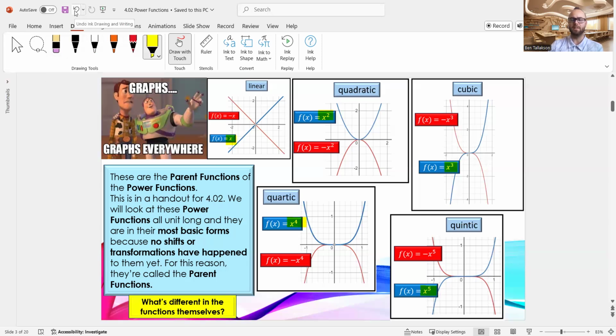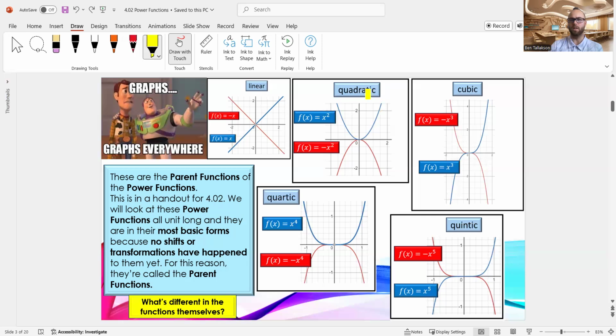And that dramatically changes the shape of each graph. Now, some of these you might be thinking look very similar, like quadratic and quartic, and you're right, but quartic has a flatter section in the middle. Cubic and quintic, also similar, but quintic has a longer flat section in the middle.